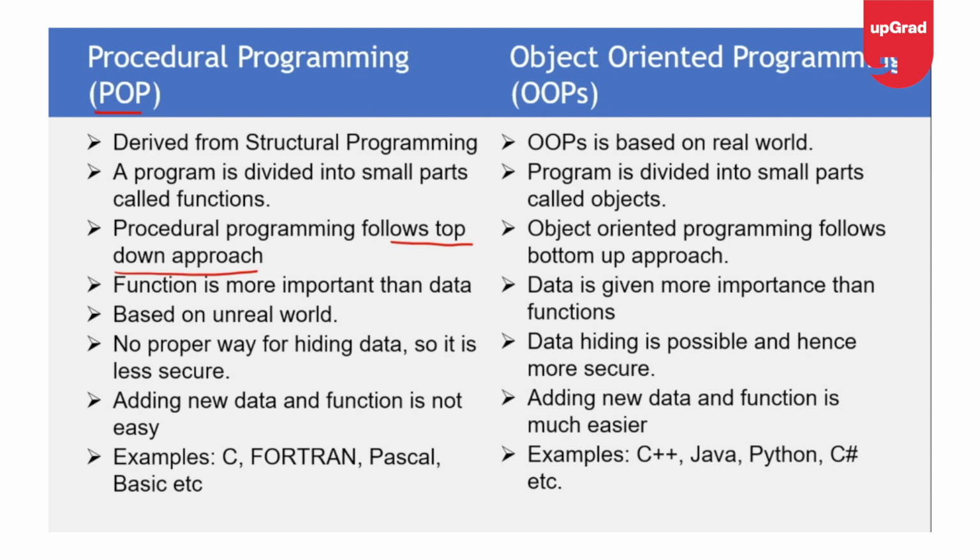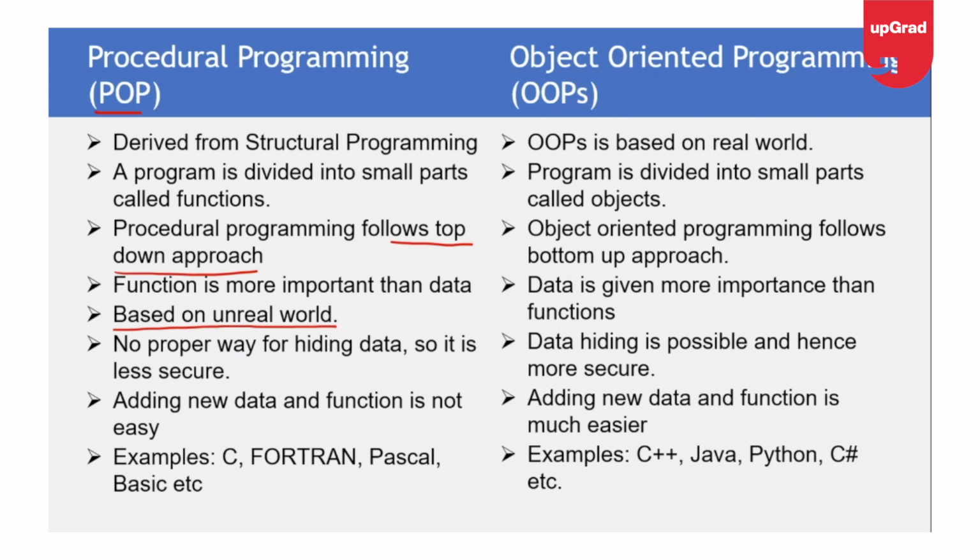In such a programming paradigm, the functions are given more importance than the data. So the operations which we are doing on the data are given more importance. This is not what happens in the real world. This is not based on the real world. Then it is less secure because we don't have the feature of hiding data. Many times we need to hide data, maybe from the user.